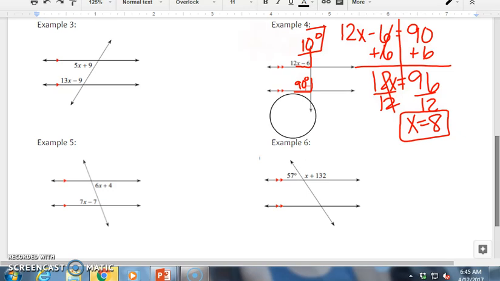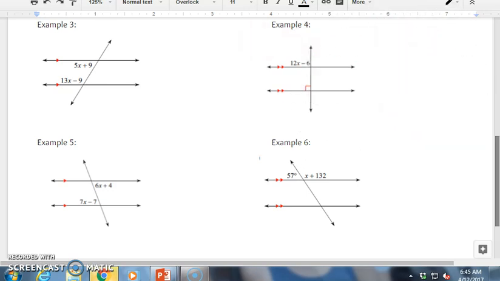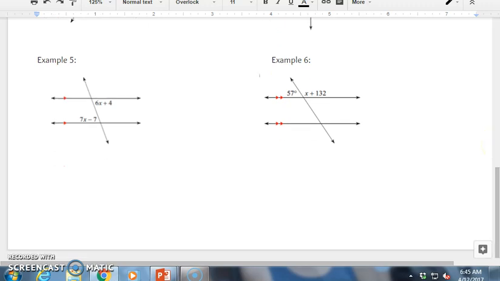All right. I want you to pause the video again and see if you can do 5 and 6 on your own, and then come back to the video and see if you're right. All right, so for 5 and 6, these are on opposite sides of the transversal, and they are inside the parallel line. So these are going to be alternate interior. And alternate interior equal each other.